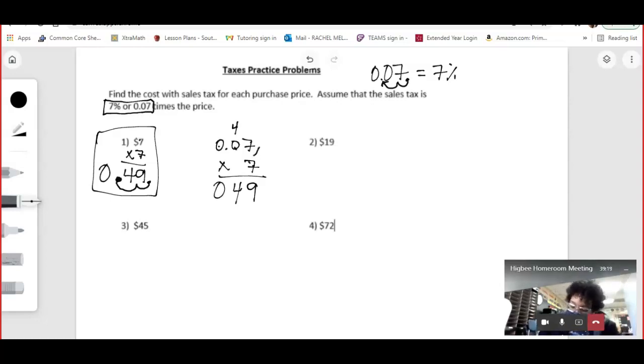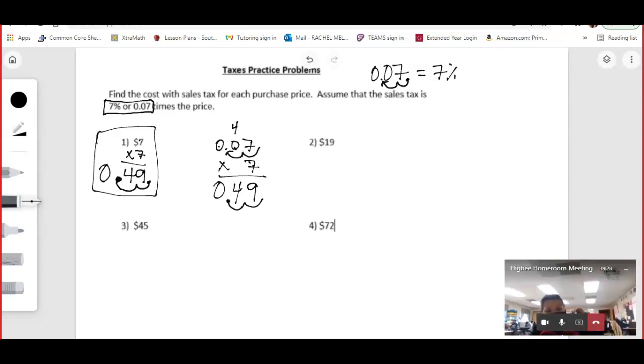And I count 2 places over. So either method works. You still have to place the decimal, but if it helps you to multiply without the decimal and add the decimal later, you can do that. I know that for some of you that might be a little easier.